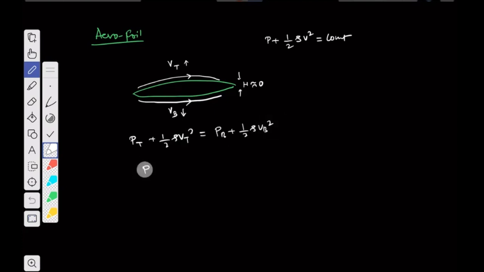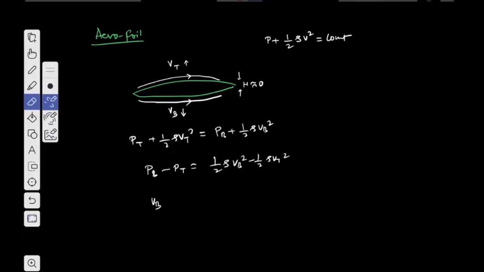So Pb minus Pt is going to be half rho Vt square minus half rho Vb square.